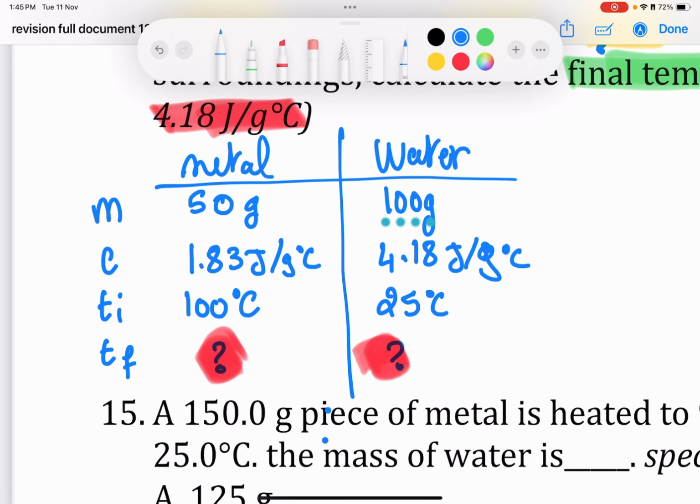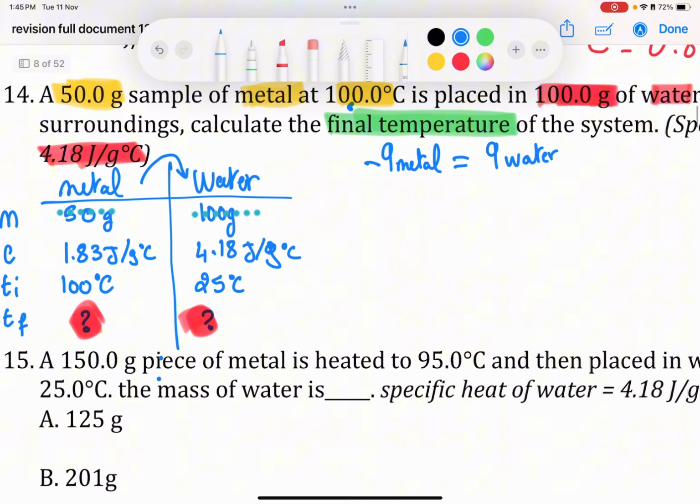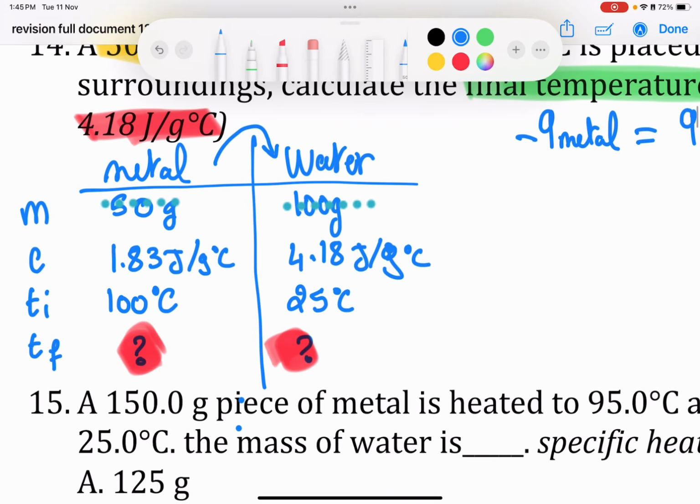Now, the heat lost from the metal is equal to the heat gained by the water. So I can say that Q, energy lost by metal, is the same as energy gained by the water. So let's put the information and substitute. In each one, MC delta T. So that's the negative.